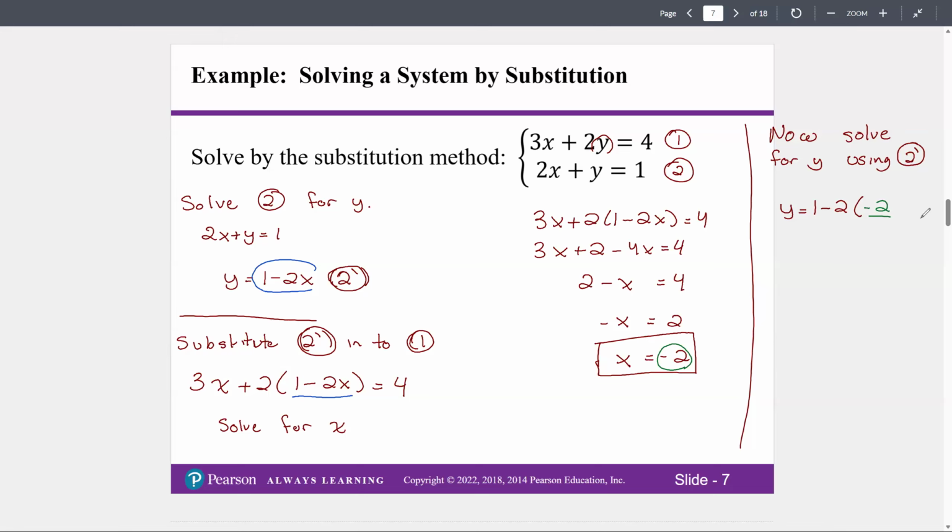So we're just substituting back in one more time. And we get y is equal to 1 plus 4. So y is equal to 5. So I'm saying that my solution to the system of equations is going to be -2, 5.